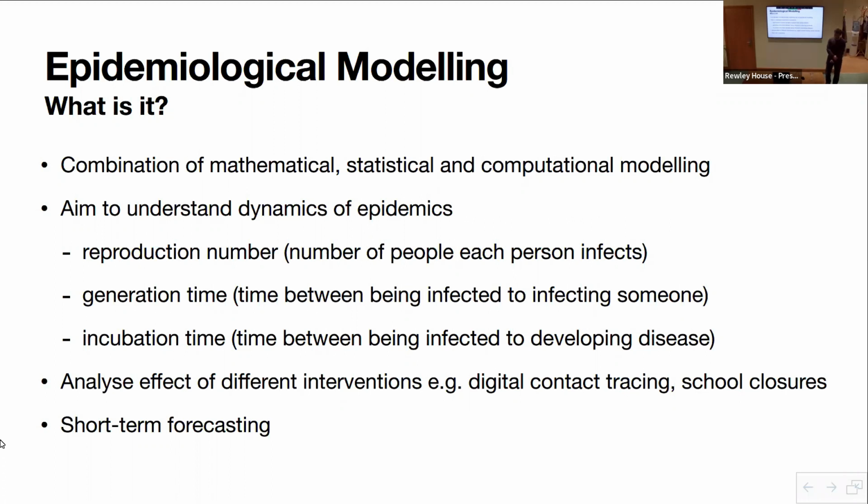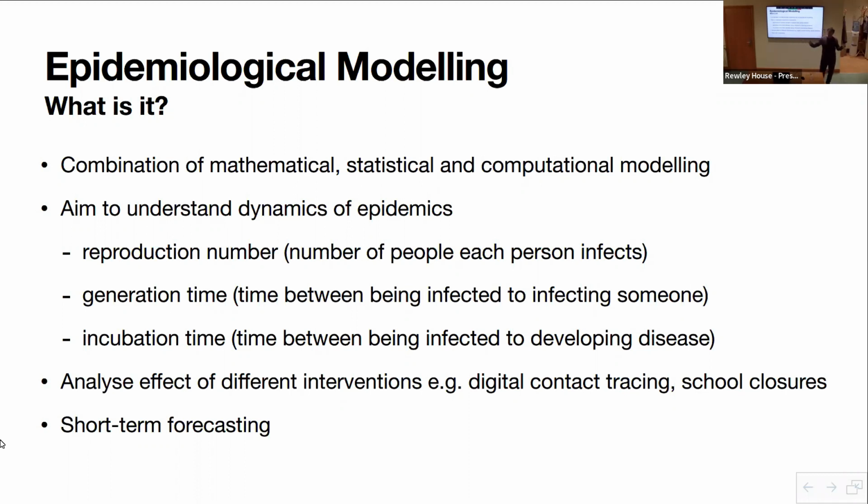I guess that's sort of the one that people most know about. The second thing, which is really important, is something called the generation time. That's essentially how long it takes between one person being infected, from when they get infected to when they go and infect someone else.